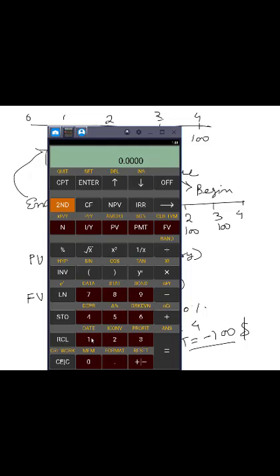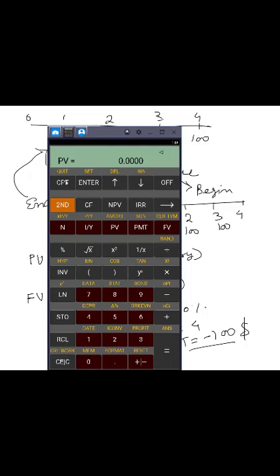So in this case, let's assume we're making the $100 payment at the end of the period. Since we are making the payment, let's make it negative. So this is payment, our period is 4 years, the interest rate we talked about is 10%, and 0 is our present value.